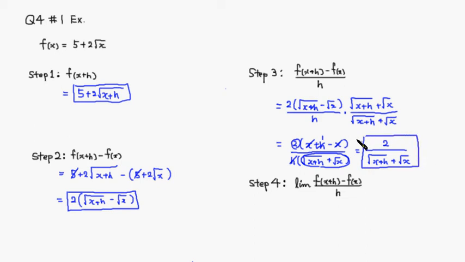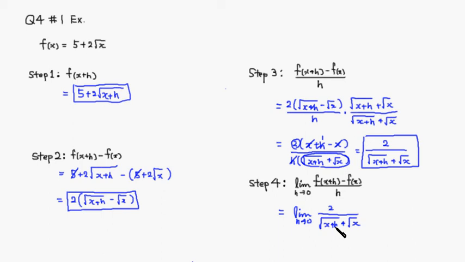Last step, we just need to take the limit. Oops, I forgot to put h approaches 0. So it's going to be the limit as h approaches 0 of 2 over square root of x plus h plus square root of x.